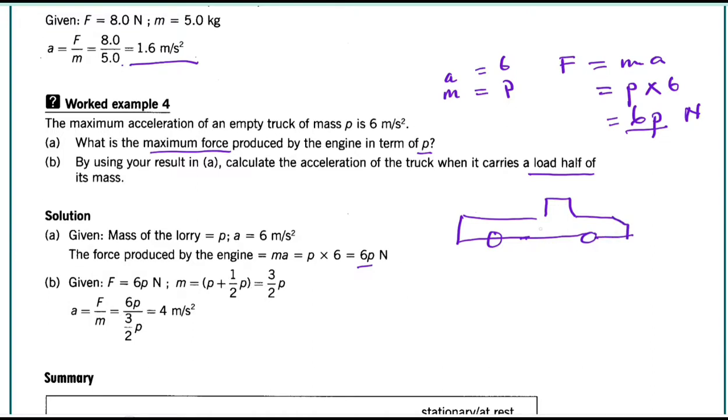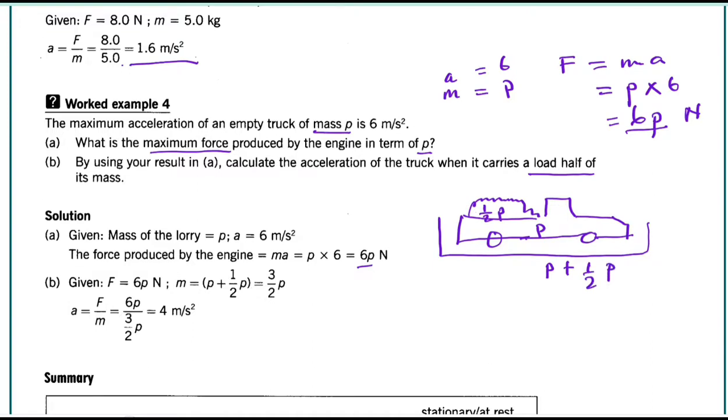Then our track has its own mass, and the mass of an empty track is P. Then the load that is going to be carried is half of its mass, so it will be half of P. So at the end of the day, the mass of the loaded track will be P plus half of P. Is that okay?